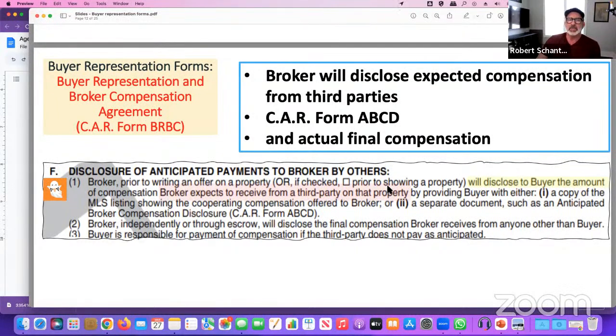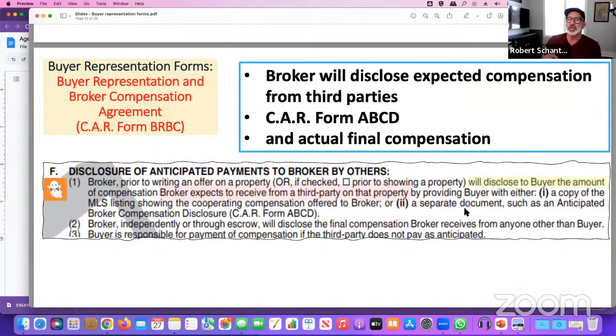So why is this language in there? It's because the whole thing about buyer brokers' compensation, we have a lot of suits there. NAR has been sued by the Department of Justice over buyer brokers. We've got seller and buyer class action lawsuits out there.